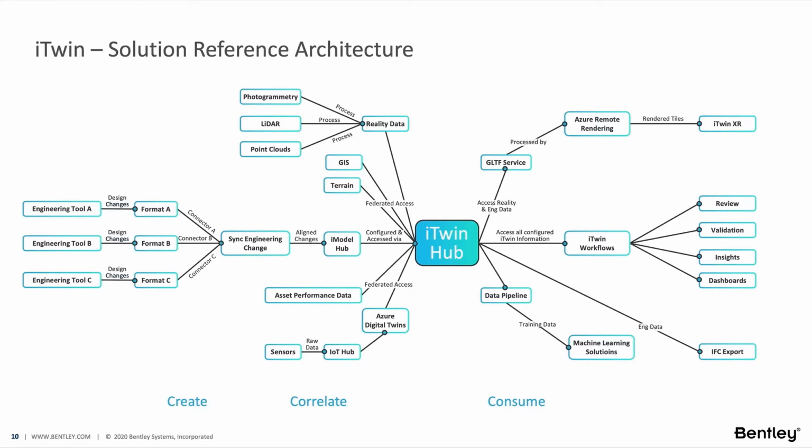So in a sense, you're not changing any of your engineering tools on the left side. They stay as is. You don't need to change any of the tools you're using, but you're able to plug in these digital twin technologies, automate the workflows, and you're able to continuously benefit from these digital twin technologies, resulting in essentially integrated engineering change-based solutions.